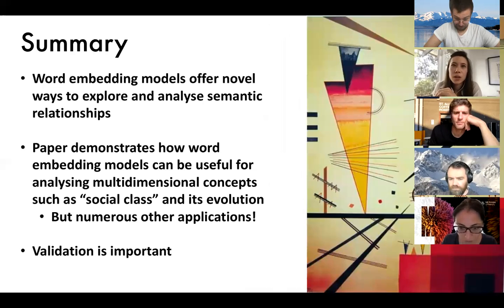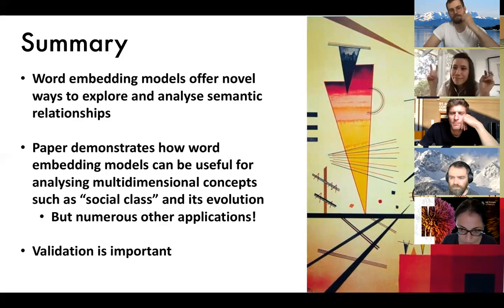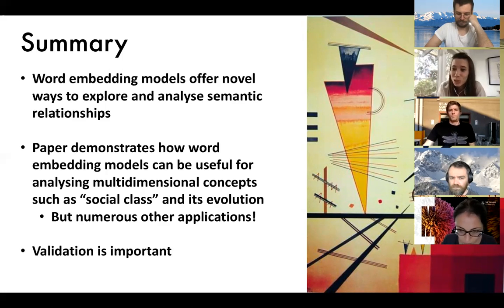So just to wrap up with some brief takeaways, I hope you've seen how word embedding models can offer novel ways to explore and analyze semantic relationships and notions of meaning, at least in the distributional sense.